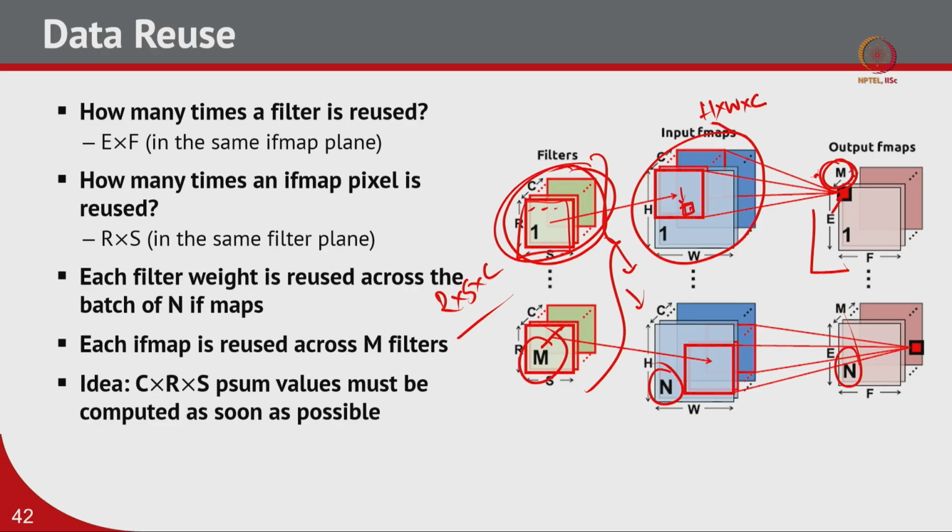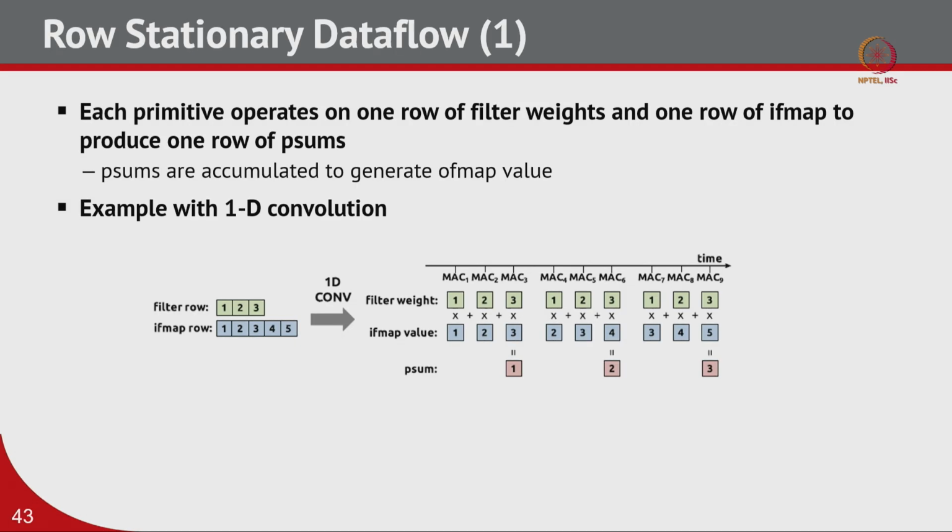Whenever we convolve this C by R by S with the input feature map, we will compute these partial sums, and then all those partial sums will get added to produce one pixel in the output feature map. The idea in Eyeriss is to compute these C by R by S partial sums as soon as possible, like at one go maybe. That will minimize the storage and data movement. Now, let us see how it is possible.